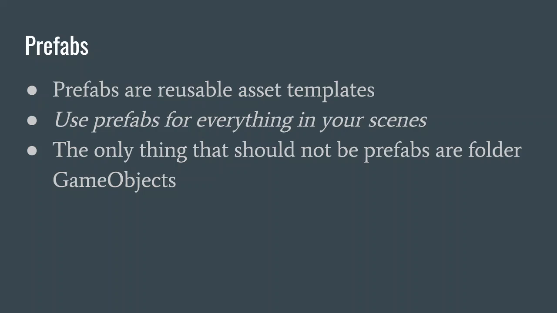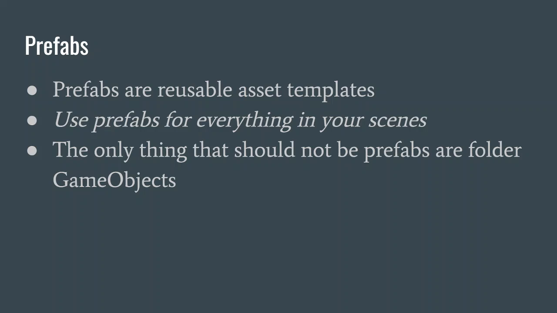That's just good practice, because if you take the example of the lamp, if you want to place 100 lamps, and you've changed the intensity of the lights, or the positions of things, or the UVs on your textures in the scene, it'll only exist in that one scene, and you'll have to copy and paste it 100 times over. That's a ludicrous amount of work, and you just go right around it by making prefabs and using prefabs religiously.